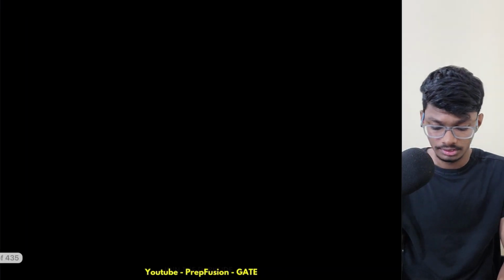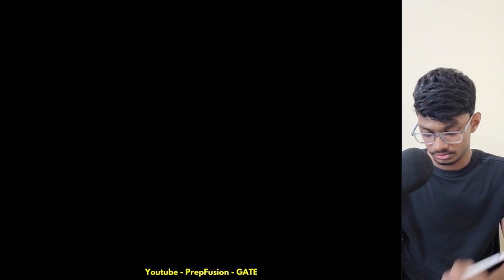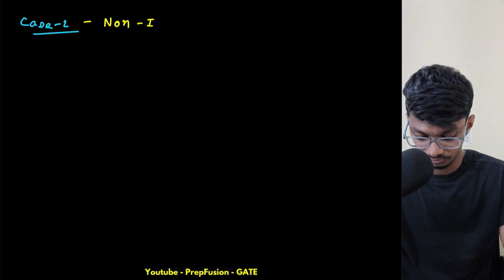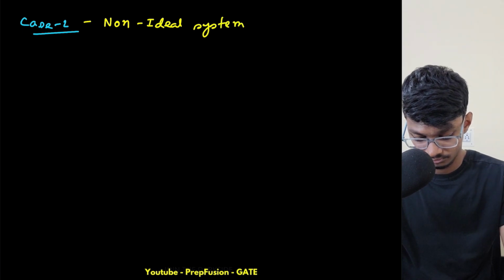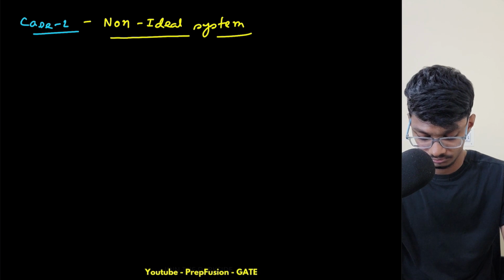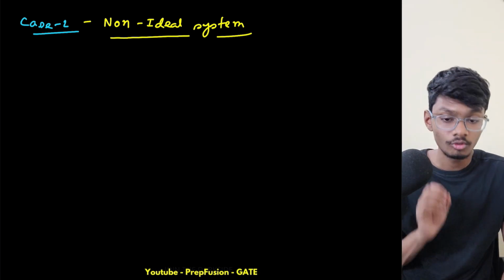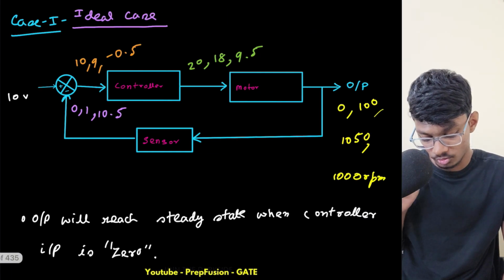Now let's do it for case 2, when my system is non-ideal. What do I mean by non-ideal? I will explain. If I take the non-ideal case, let me copy the block diagram.